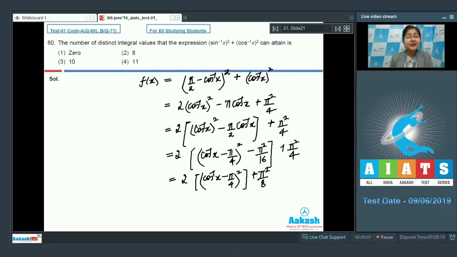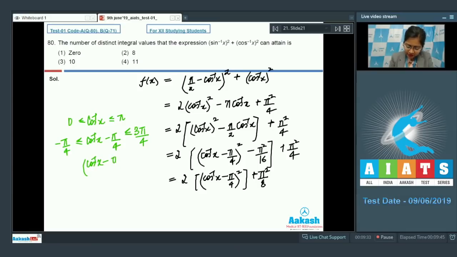Now we have to find the range of this. We know that cos inverse x goes from 0 to pi. Hence, cos inverse x minus pi by 4 will go from minus pi by 4 up till 3 pi by 4. And if we take its square, then we can say that (cos inverse x minus pi by 4) whole square will go from 0 up till 9 pi square by 16.